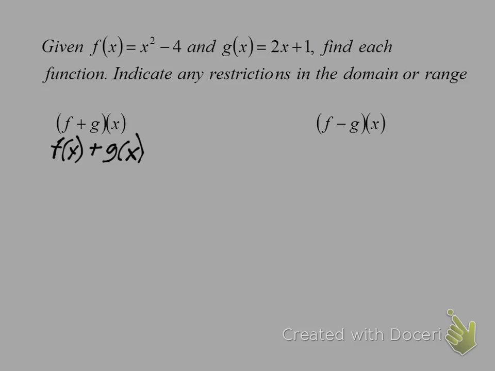What's f of x? x squared minus 4. What's g of x? 2x plus 1. So you're just going to plug those two quantities in. When you plug in, don't forget parentheses. So x squared minus 4 plus 2x plus 1.